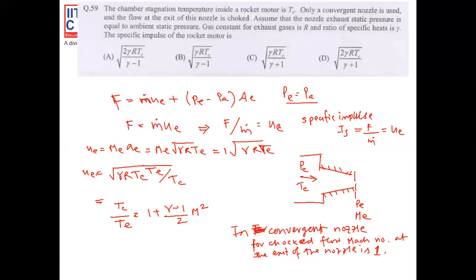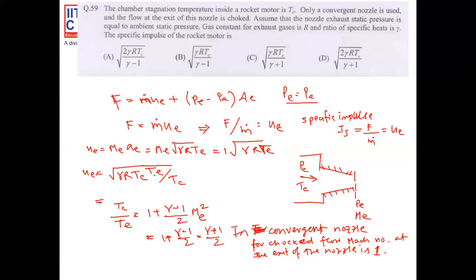So this Tc remains constant throughout the nozzle, and hence by employing this isentropic relation, we can say that Tc by Te is nothing but 1 plus gamma minus 1 by 2 Me square. And as Me is 1 for the choked flow, this becomes nothing but 1 plus gamma minus 1 by 2, which is nothing but gamma plus 1 by 2.